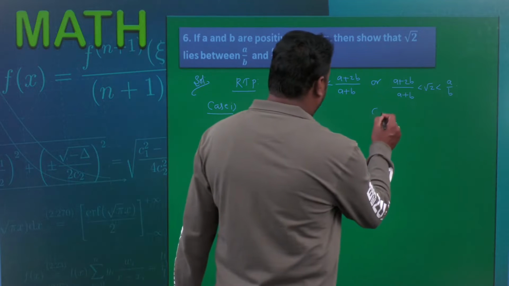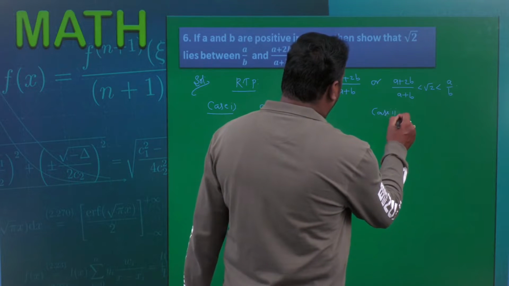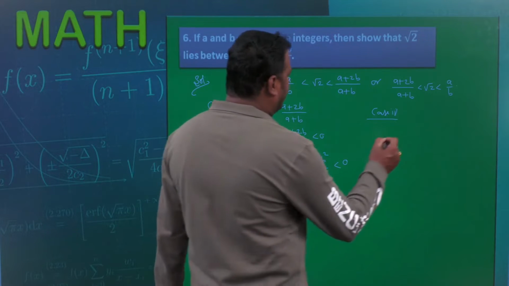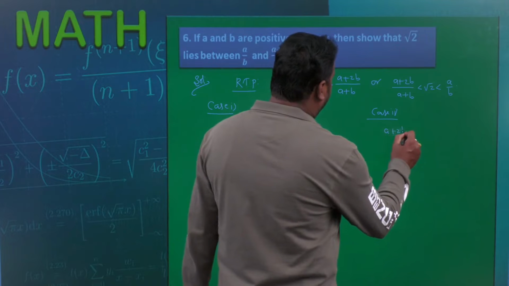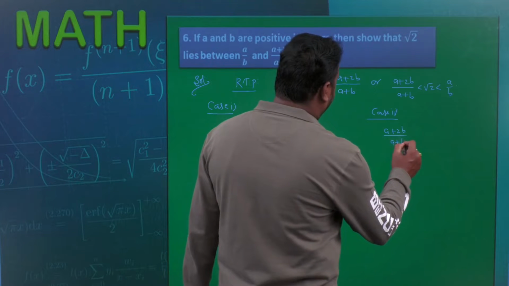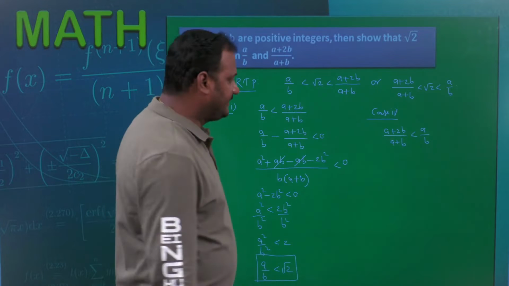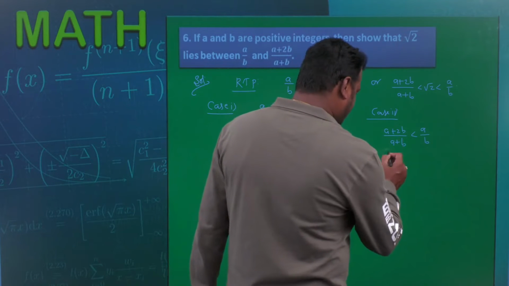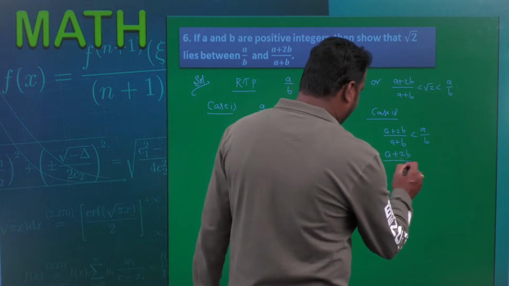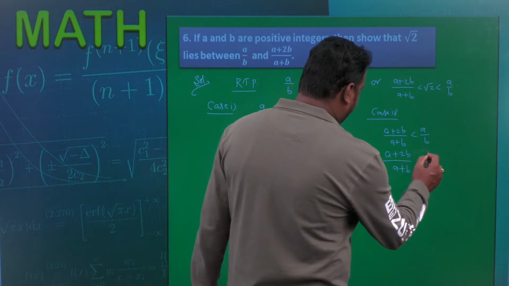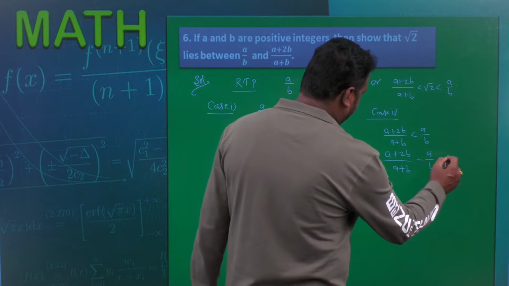Coming to case 2. In the second case, suppose a plus 2b divided by a plus b is less than a by b. Then a plus 2b divided by a plus b minus a divided by b is less than 0.